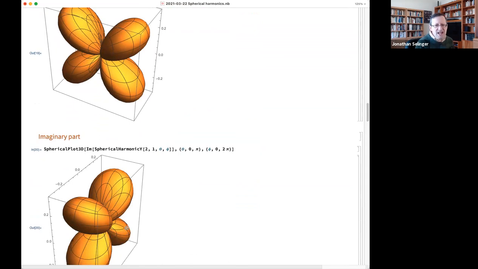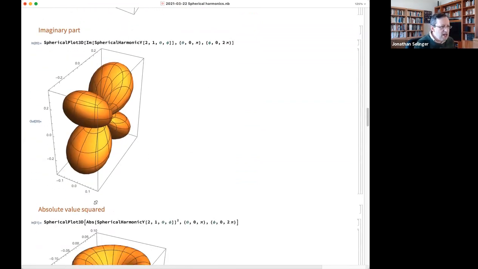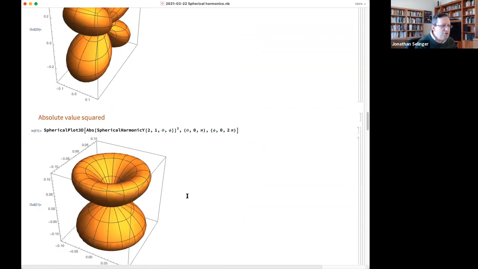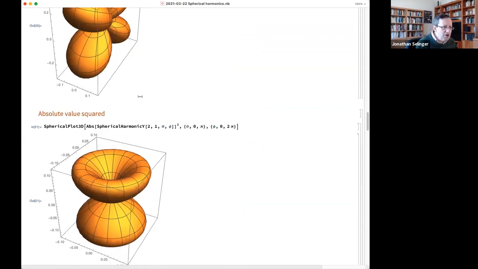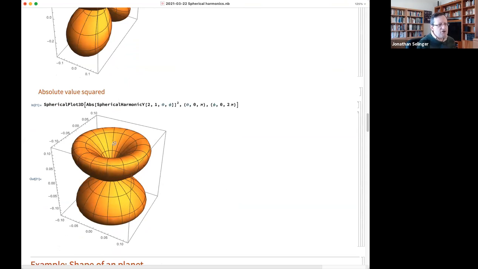It shows very similar features. It's kind of rotated around, but there's a real and imaginary part of these functions, and they can be rotations of each other. And the absolute value squared then looks like this. And so that gets some extra symmetry.